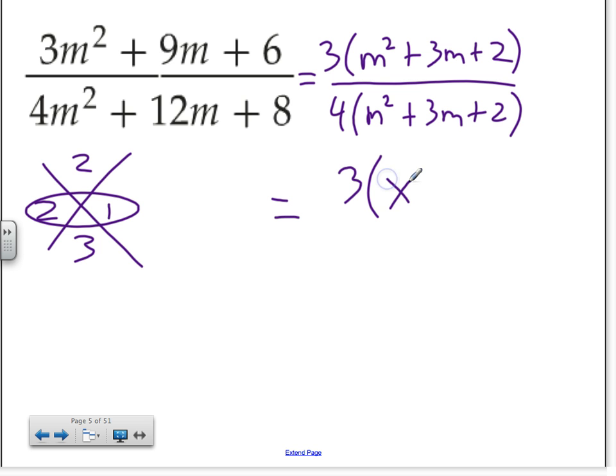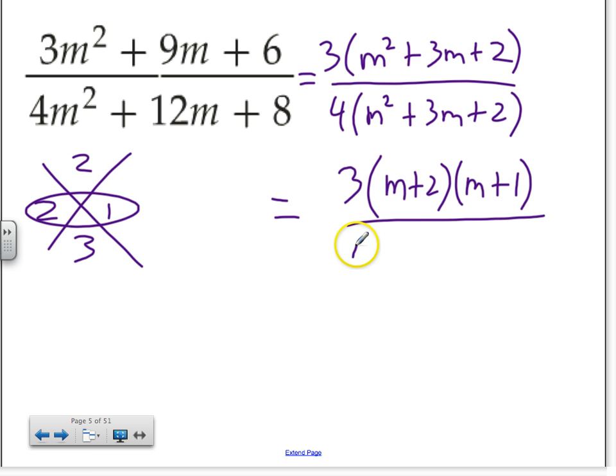Here's the 3, m plus 2, m plus 1. Okay, then we also have 4, m plus 2, m plus 1, right? Because the bottom looks exactly like the top. Of course, at this stage you can find your excluded value, meaning you set the bottom to 0.